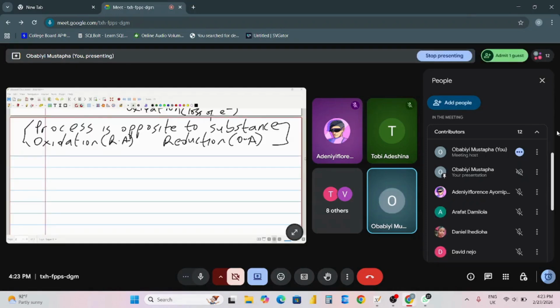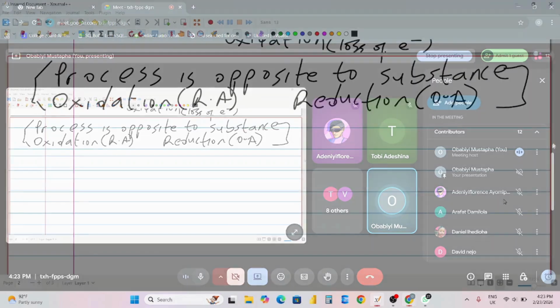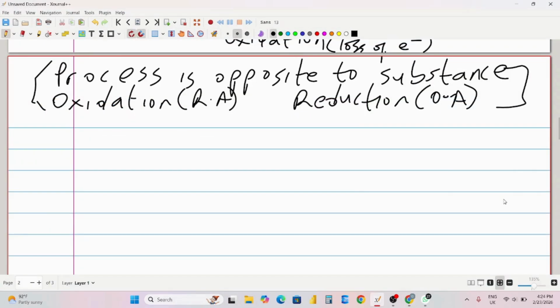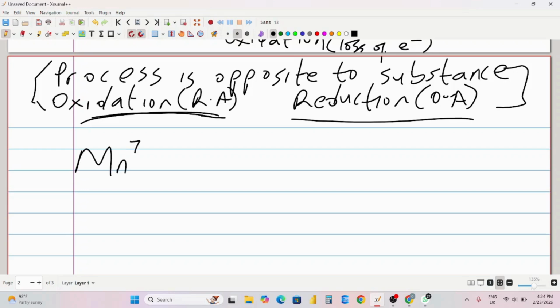So process is opposite to substance, that is, the one undergoing oxidation is the reducing agent, and the one undergoing reduction is the oxidizing agent. So let's get another question. Okay, I have one here, and I think this will help us in the follow-up 30 minutes that we're going to use to answer questions.